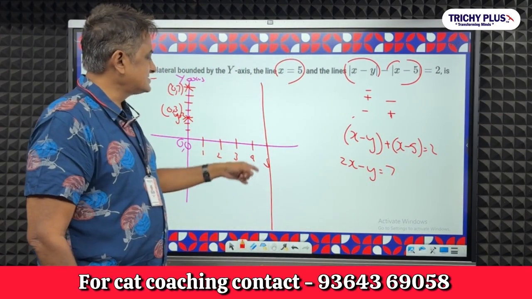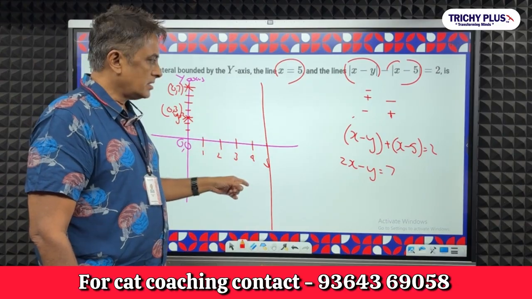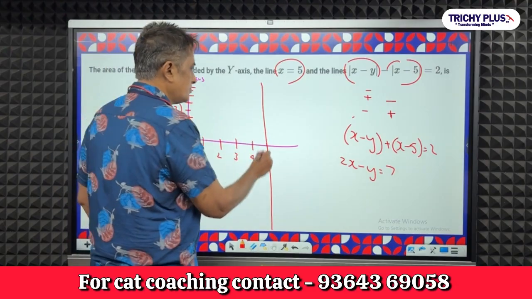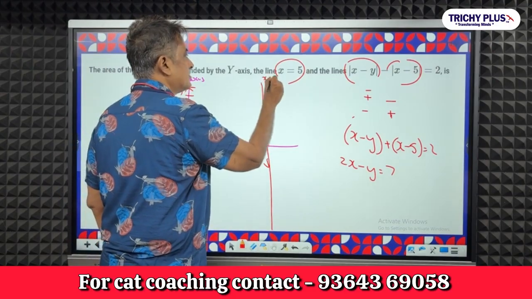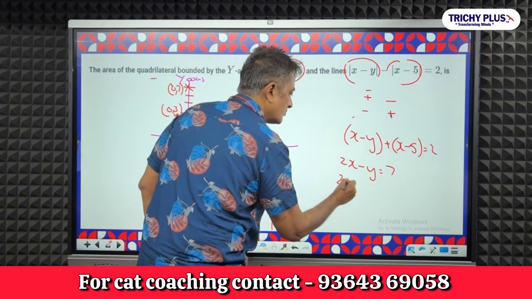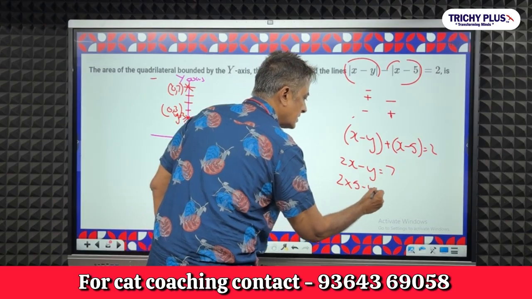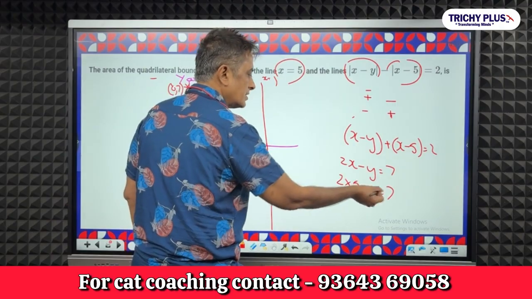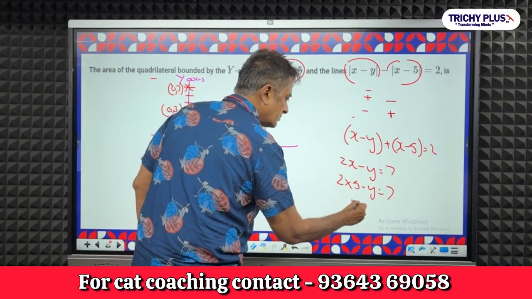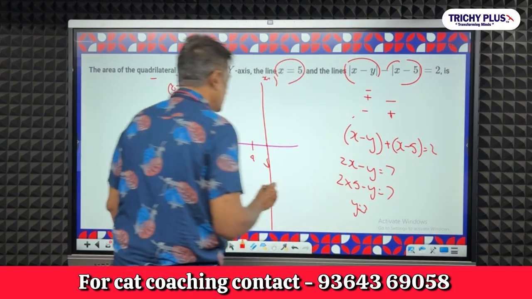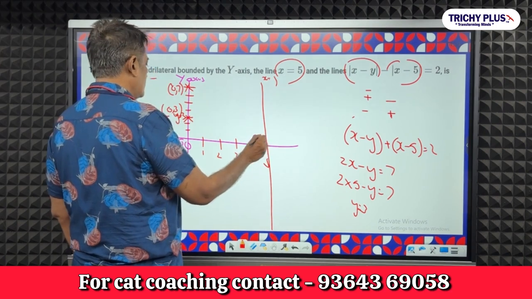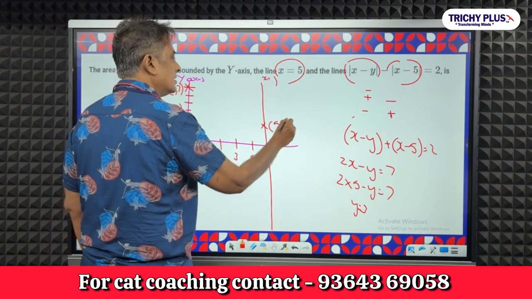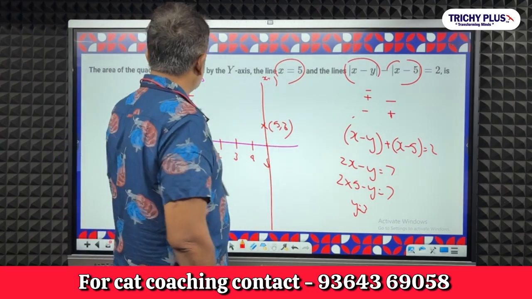Now I know in this line this is the boundary. So x is how much here? X is equal to 5. Throughout this line x is equal to 5. So I take 2 into 5 minus y is equal to 7. 2 into 5 is 10. So 10 minus 7, y will be equal to 3. So you're having a point here 5, 3. So this point will be 5, 3. This is the third point.